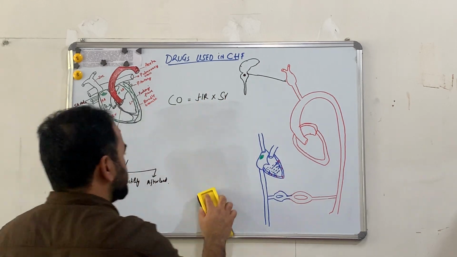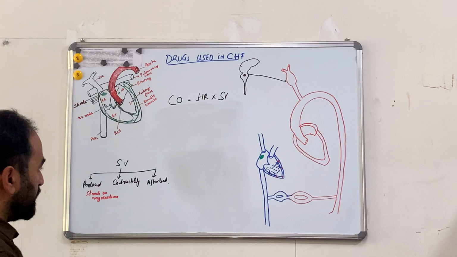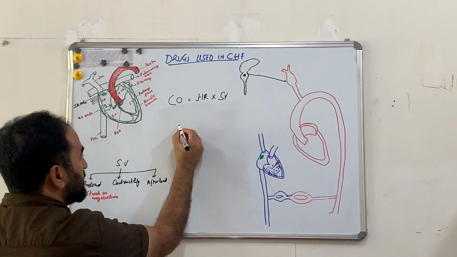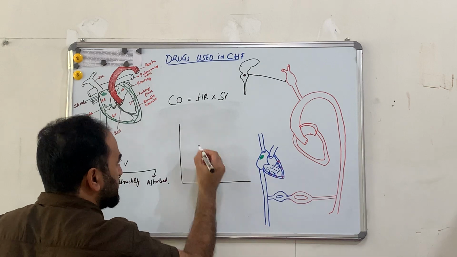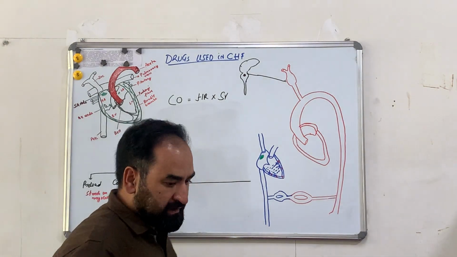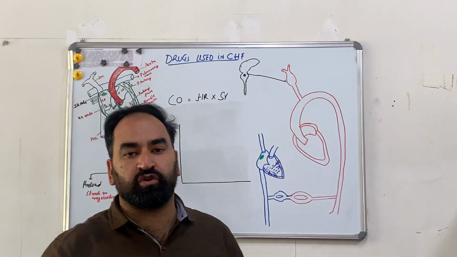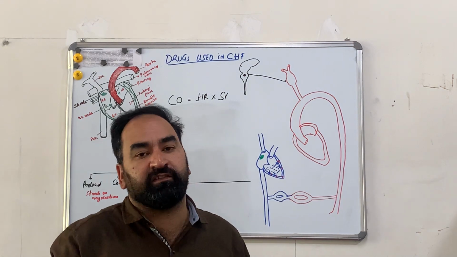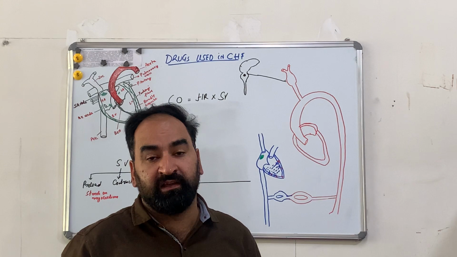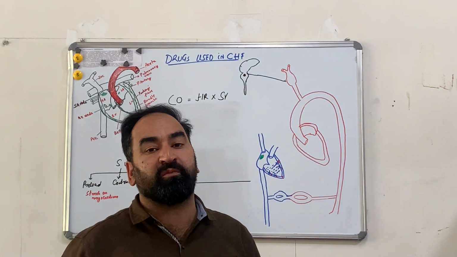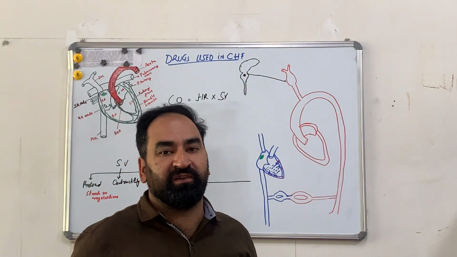There is one law known as Starling Law. Starling Law states that the more you stretch your ventricles, the more is your cardiac output and the more is your contraction. The contraction is directly proportional to the preload.